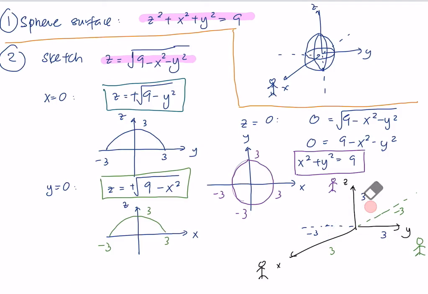The green is x and z, which is here. The blue is y and z, which is the plane here. And lastly the purple, the circle, you can merge this one. Basically that one is a circle. So this is the hemisphere, half of the sphere.